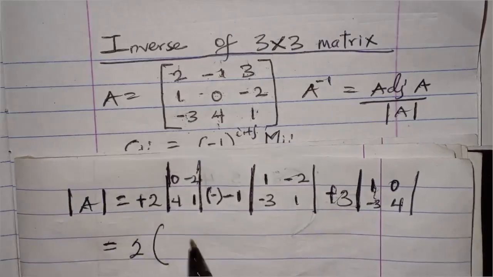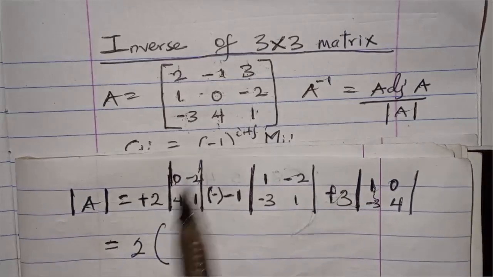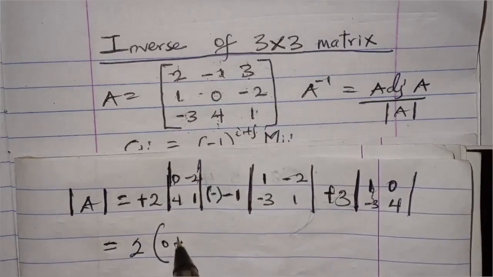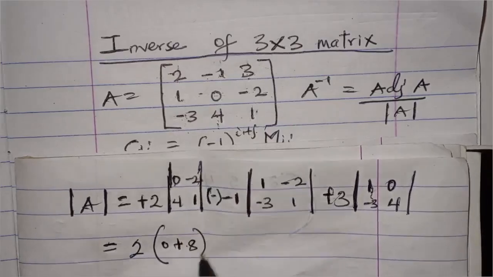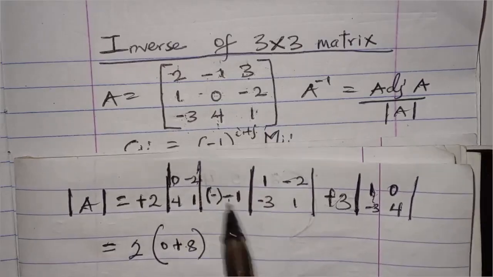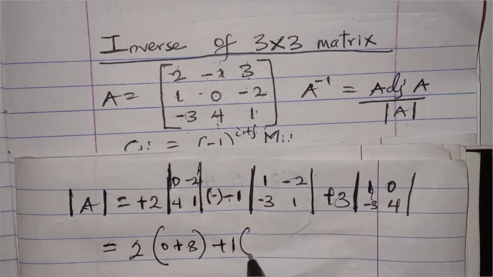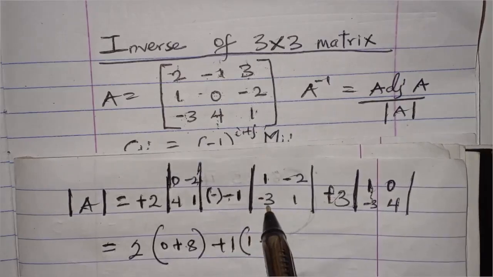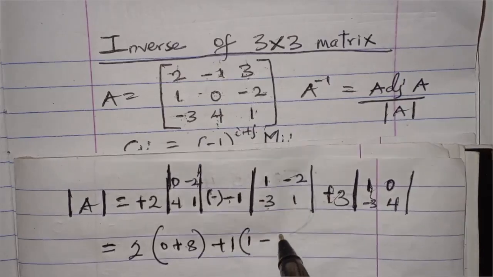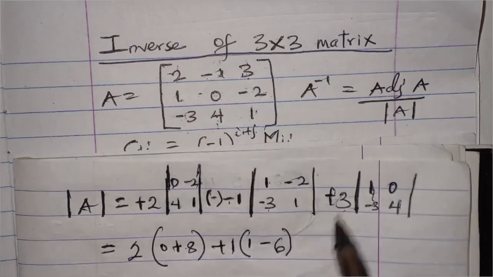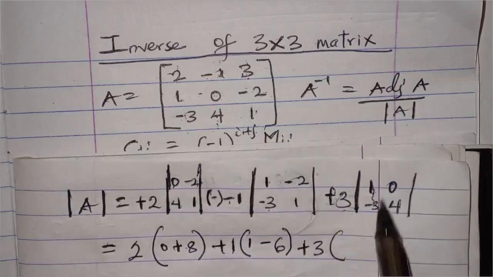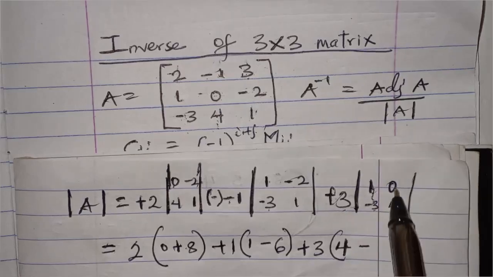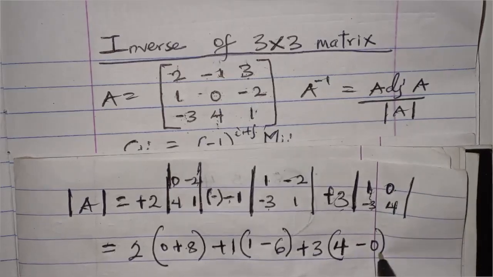That's 2 in bracket. 0 times 1 is 0 minus 4 times 2 is minus 8. Minus minus is a plus, so we have plus 1 in bracket. 1 times 1 is 1 minus, minus 3 times minus 2 is plus 6. Plus 3 in bracket. 1 times 4 is 4 minus, minus 3 times 0 is 0.